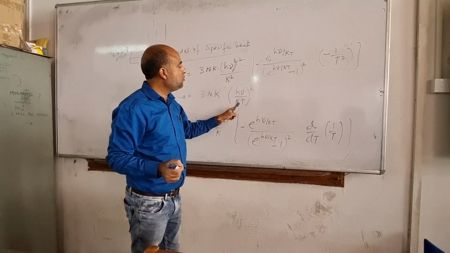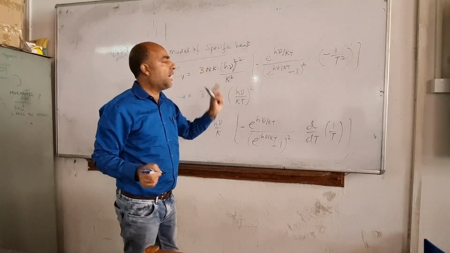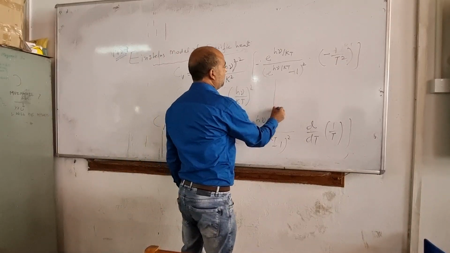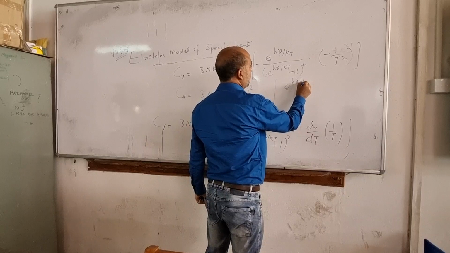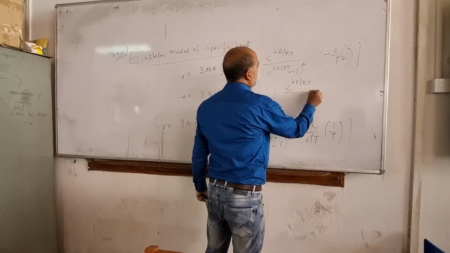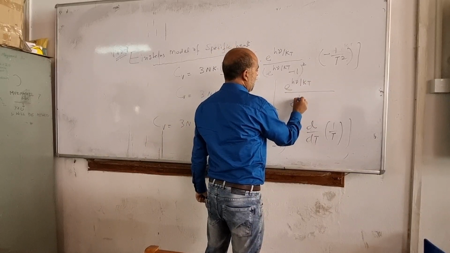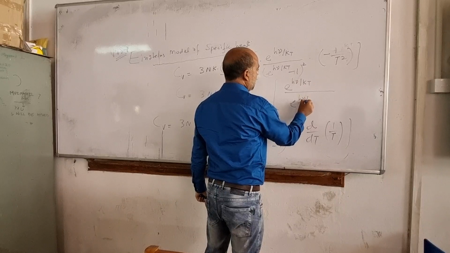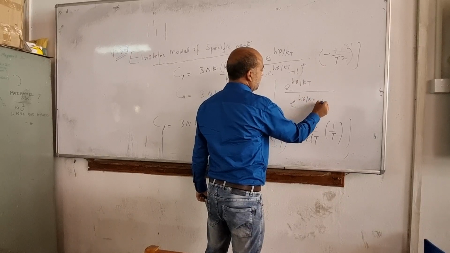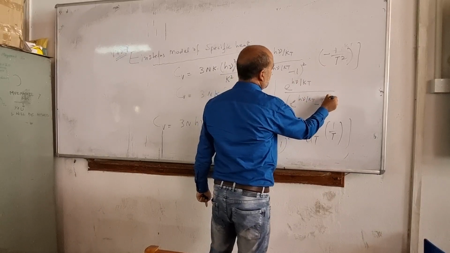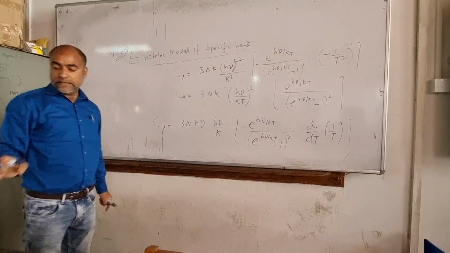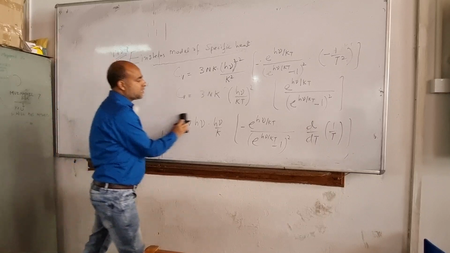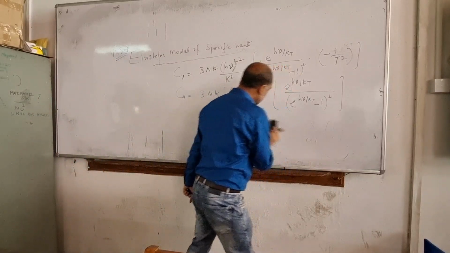So I am writing h nu by kt whole square. So inside you are left with e raised power h nu by kt divided by (e raised power h nu by kt minus 1) whole square. So this is the result that you got for this specific.